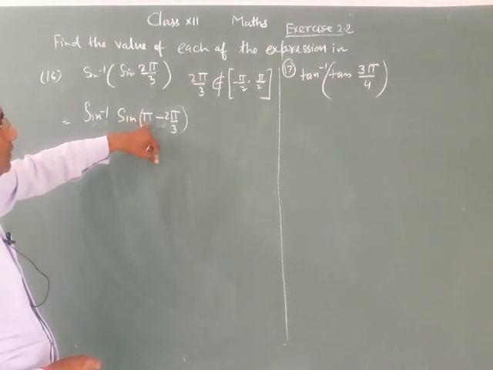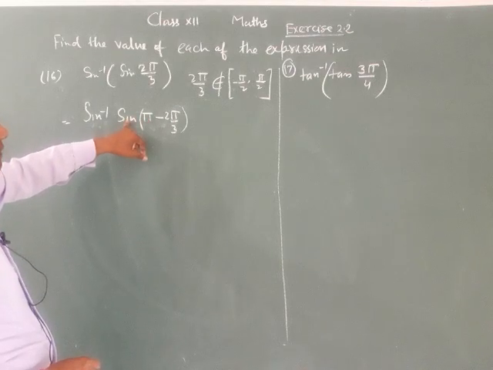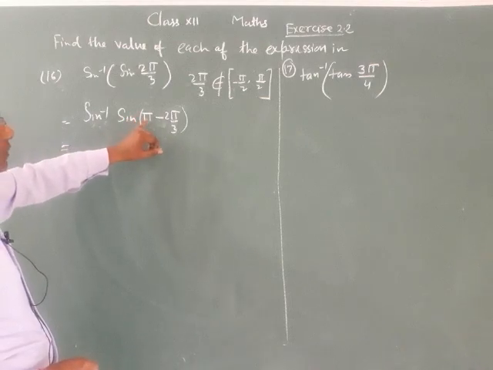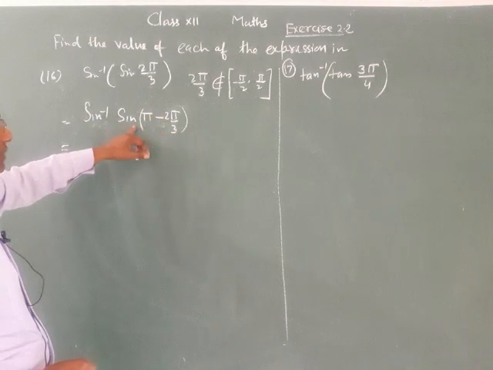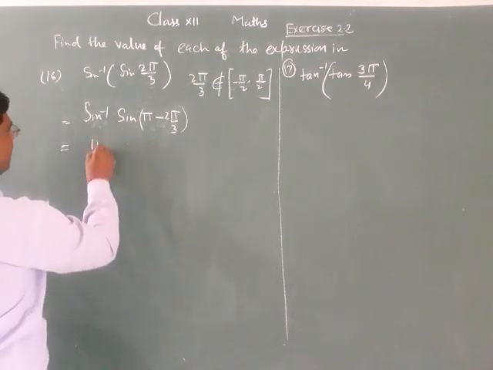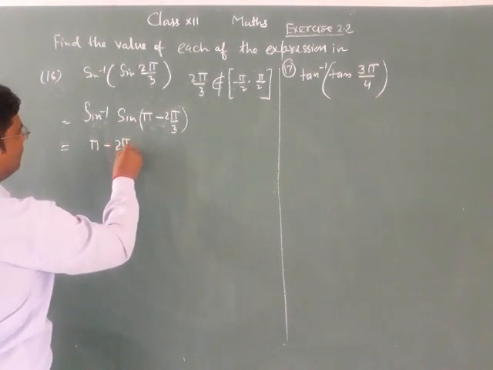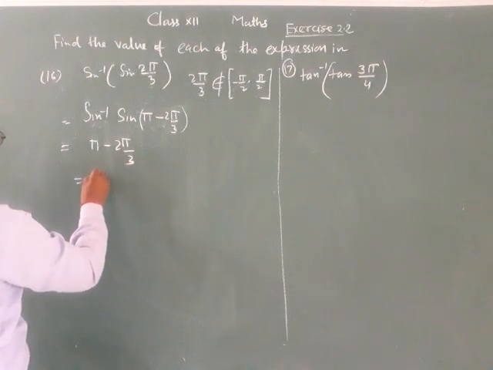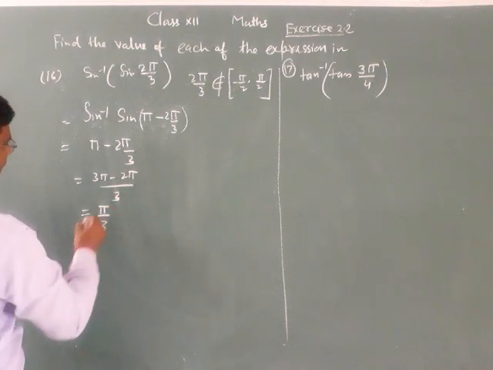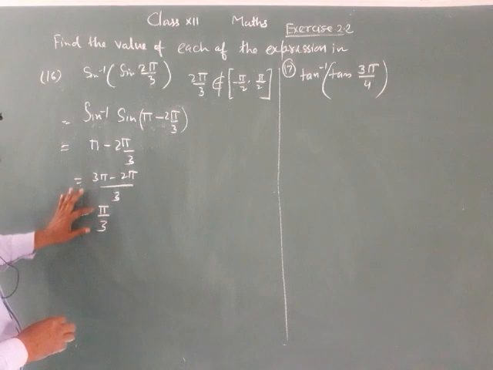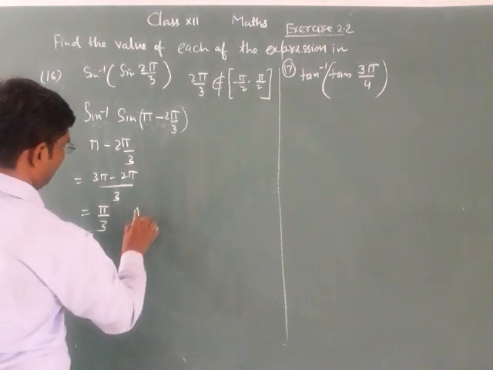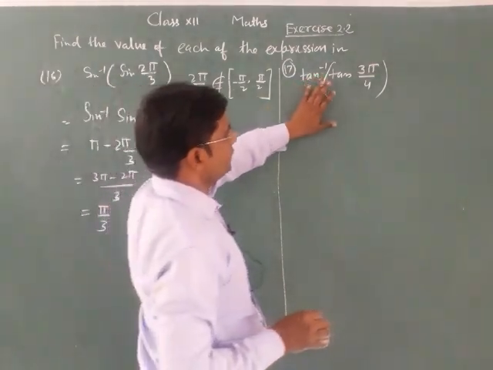So sin pi, there is no change according to this pi 180. So sin 180 minus theta is sin theta. So there is no change in value. So sin inverse sin cancel out. So get pi minus 2 pi by 3. So now this 3 pi minus 2 pi upon 3 is equal to pi by 3. So pi by 3 value lies between in them. So this is the answer.